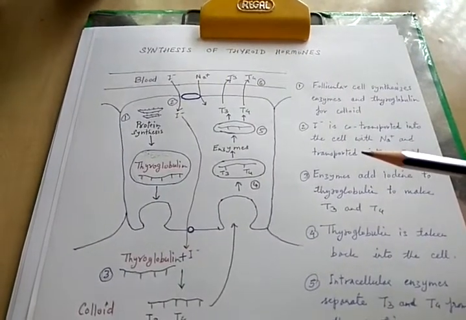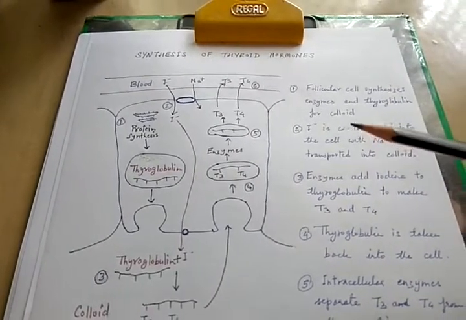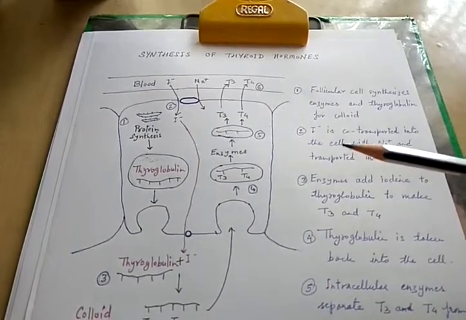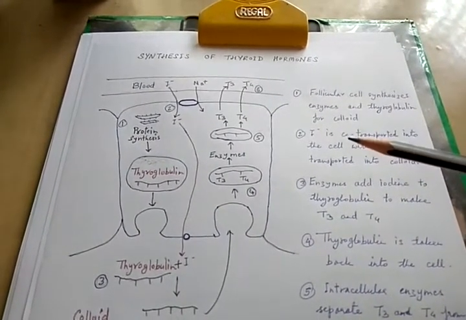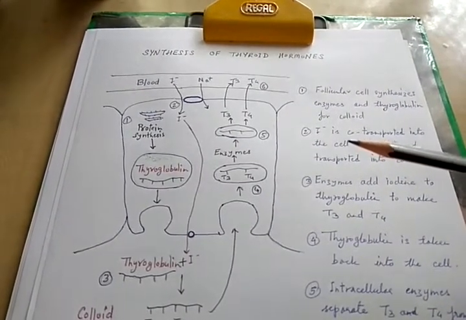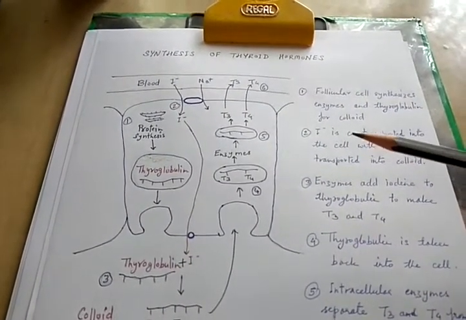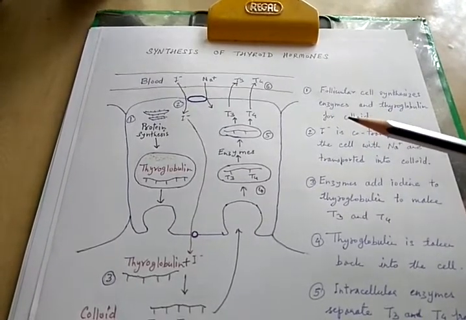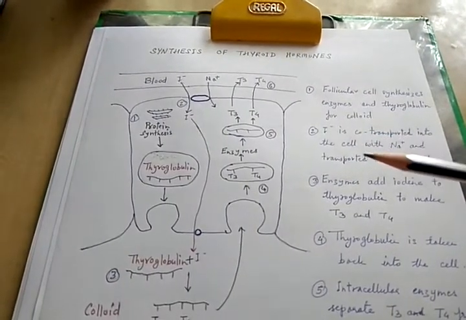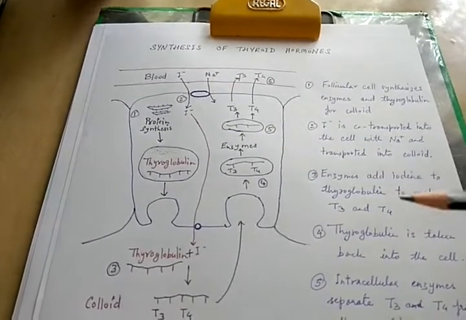The main cause of the development of goiter is the iodine deficiency. When the thyroid gland could not get the iodine that it needs to synthesize the thyroid hormones, the thyroid gland works extra hard to make the thyroid hormones, and in this process the thyroid gland becomes enlarged. So that you have to remember.